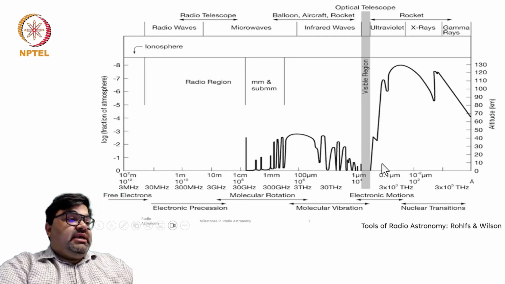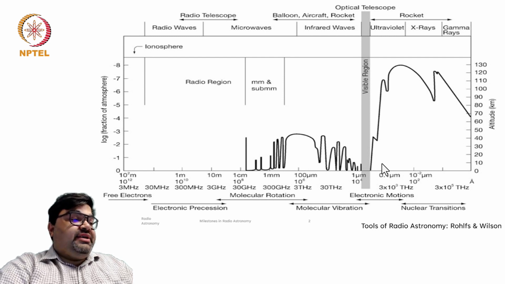So with that, we proceed. This is again a brief overview of the electromagnetic spectrum. We have shown it in a different way earlier. You can see the percentage of transmission through the atmosphere. Near the radio frequency, 3 megahertz to about 30 gigahertz or so, the band is very clean. You can observe it from the ground.